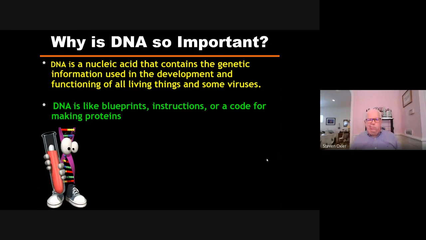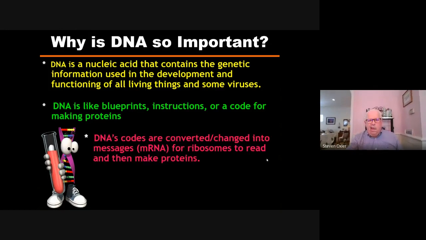DNA is the blueprint, the instructions, and the code for making proteins. Its code, the DNA codes, are converted or changed into messages. And those messages are attached to messenger RNA for the ribosomes to read and make proteins.